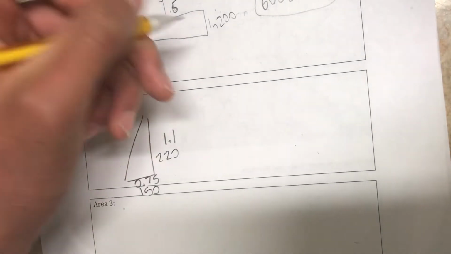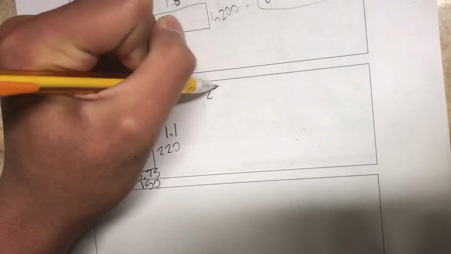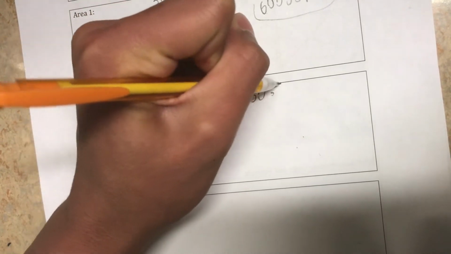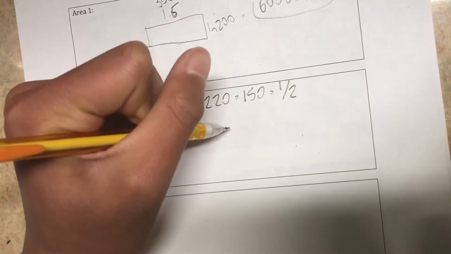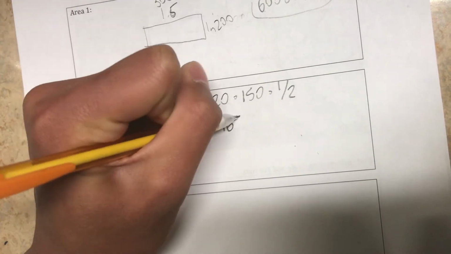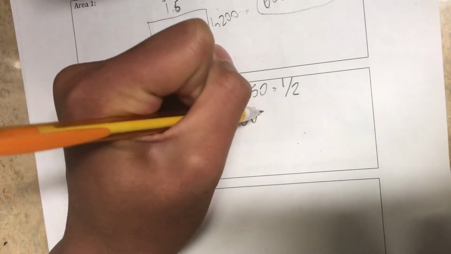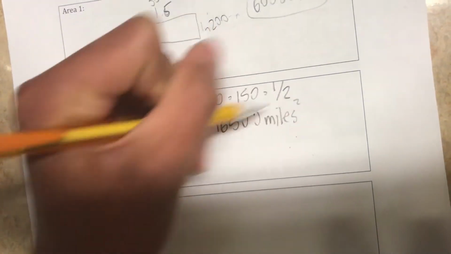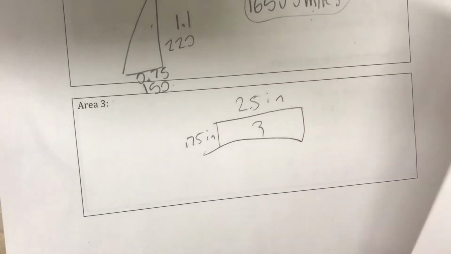And then we put it into the equation, so it's 220 times 150 times 1/2, and we get the answer 16,500 miles squared.